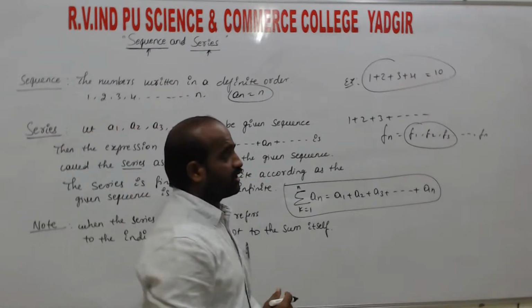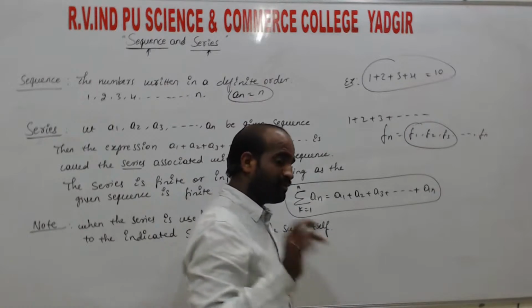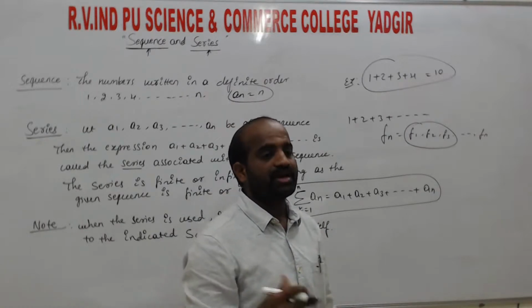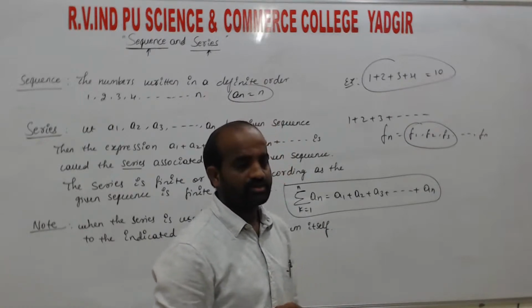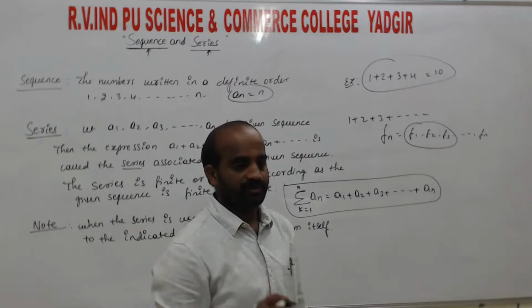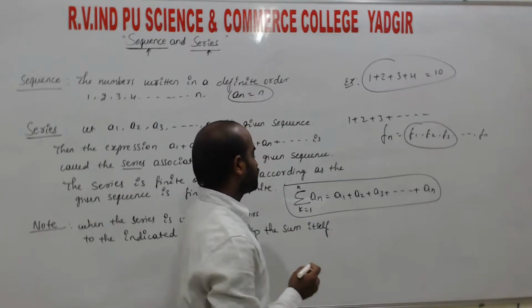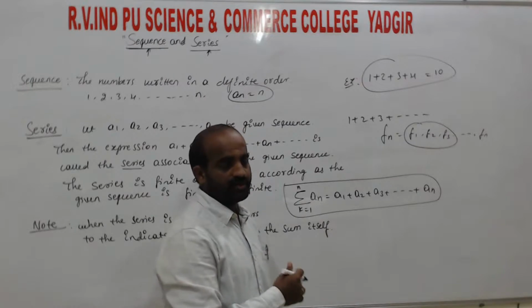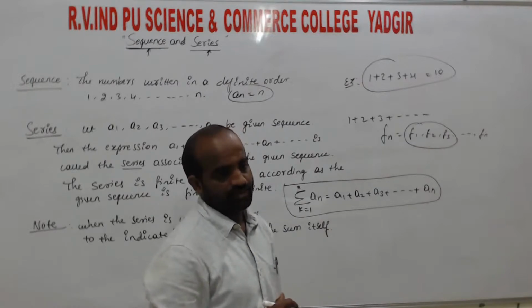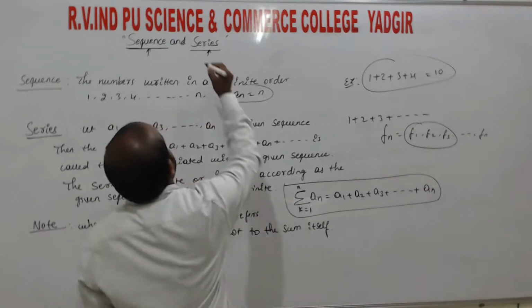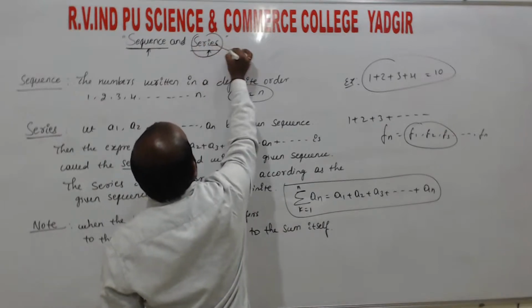Next, in this chapter there are 11 marks: 1 mark in AP, GP. 1 mark question in AP, GP. 2 marks, 3 mark question, one is AP, one is GP. But the 4 marks are compulsory in series only.